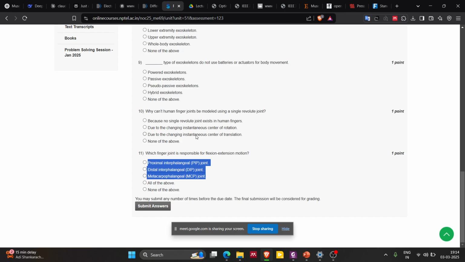I think we are not using cable driven things, so you don't need to go through the muscles part, but please do go through the three joints: PIP, distal DIP, and MCP. Please go through what the functions of them are, and also the thumb joint. In the thumb also there are three joints, right? Please go through what those joints are called. That is the biomechanics side which you should know.